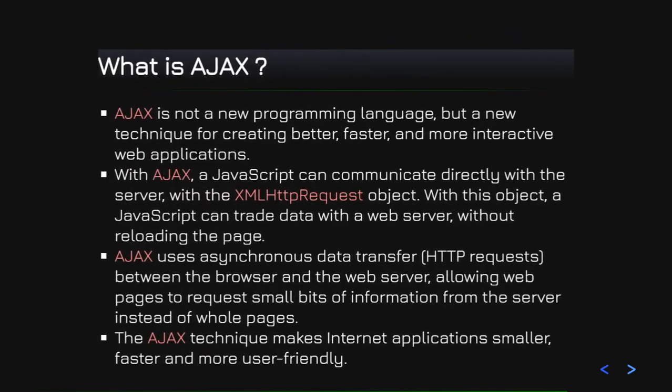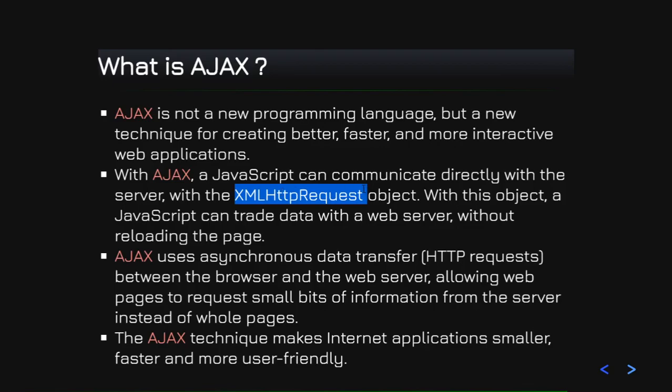So Ajax is not a programming language, it's just a technique invented first by Google and then included in major browsers. It's a technique used for creating better, faster, and more interactive web applications. With Ajax, JavaScript can send asynchronous requests in the background, on different threads of the browser, to an HTTP server. It uses an XML HTTP request object, which is implemented by the browser and exposed in the JavaScript API.